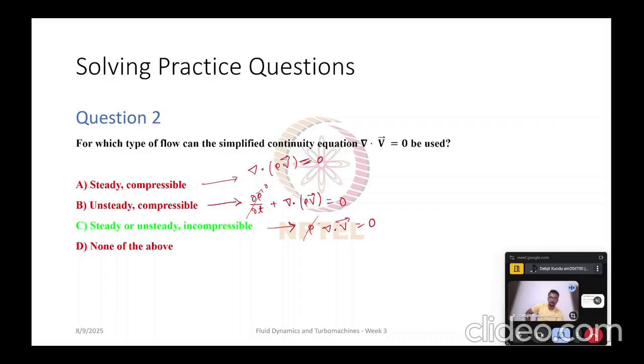So it really simplifies down to this equation, whether it's steady or unsteady, just because it's incompressible. So that's why option C should be the correct answer.